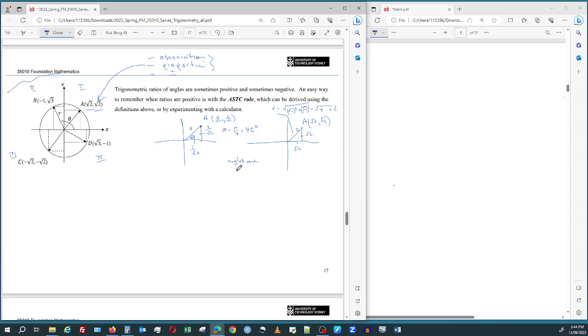So this is a good way to look at it, but the proportions are different. So what do we do if we get this and we multiply it by 2?